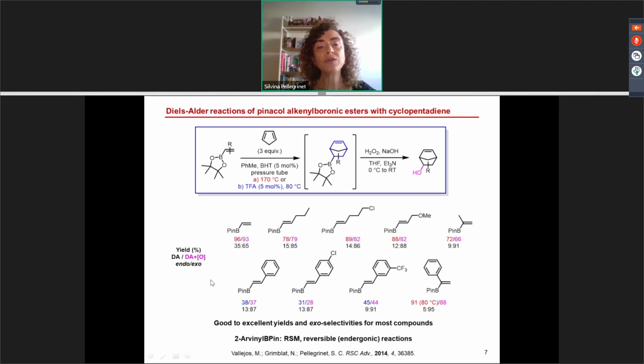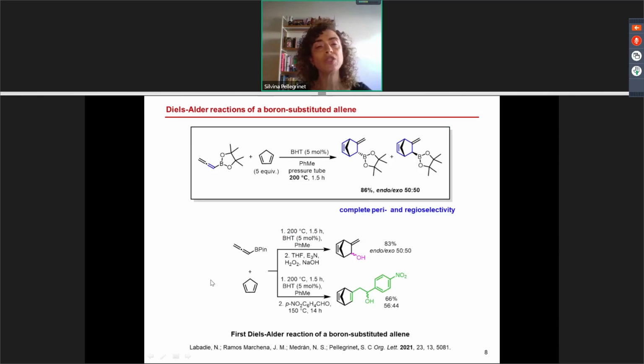After that, we focused our attention on allenyl boronic ester derived from pinacol. Even though this compound had been used in many reactions, no one had investigated its use in Diels-Alder reactions. Only a ruthenium catalyzed amidation reaction had been reported.